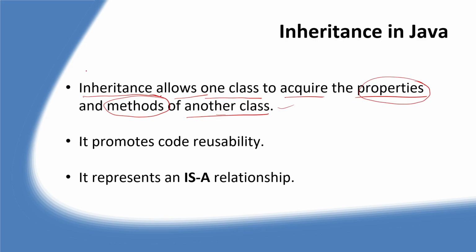So in the slide it is written, now try to understand. Inheritance allows the child class to acquire properties and behavior, properties and methods. Methods means what? Behavior only, no? So properties and behavior of another class, meaning the parent class. Now try to read: inheritance allows the child class to acquire the properties and behavior of the parent class.